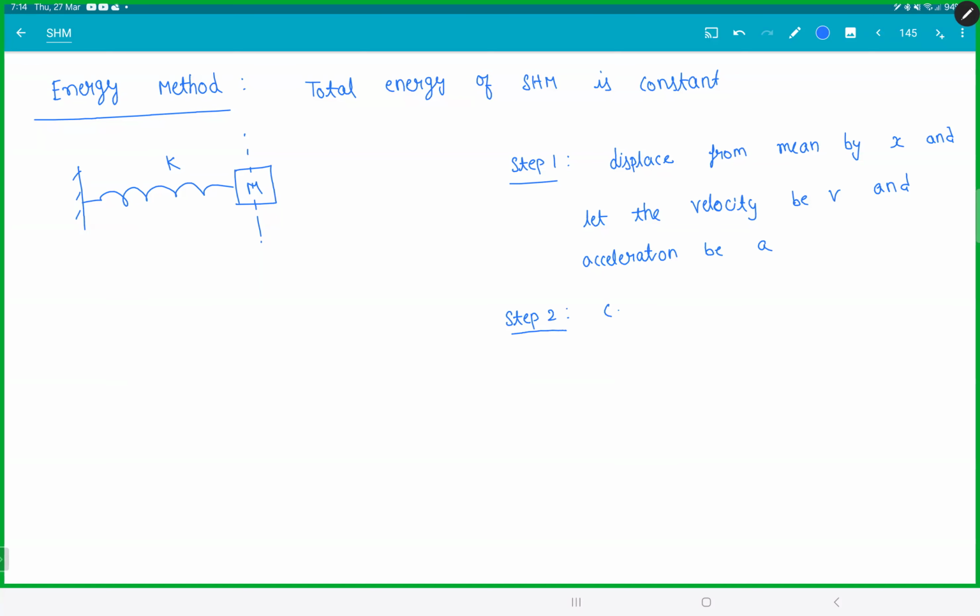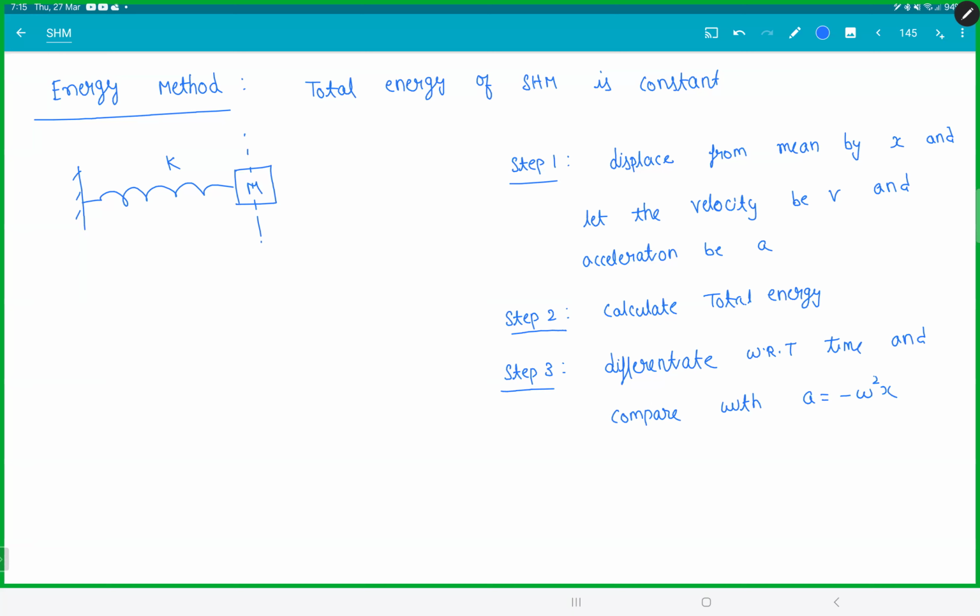Step 2, calculate total energy. Step 3, differentiate with respect to time. Now, because the total energy is constant, the total energy term will become 0. And then you will get something. You'll get acceleration from there. Compare with a is equal to minus omega square x.